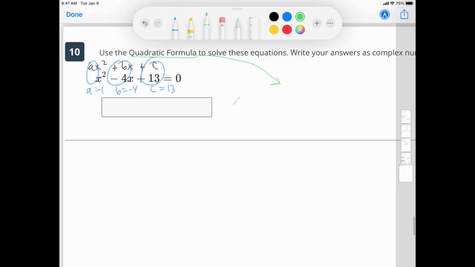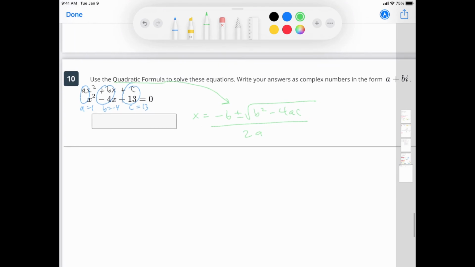The quadratic formula is x equals negative b plus or minus the square root of b squared minus 4ac, all over 2a. All right, a is 1. B is negative 4, so every b value we're going to put in negative 4. Excuse me, C is 13.